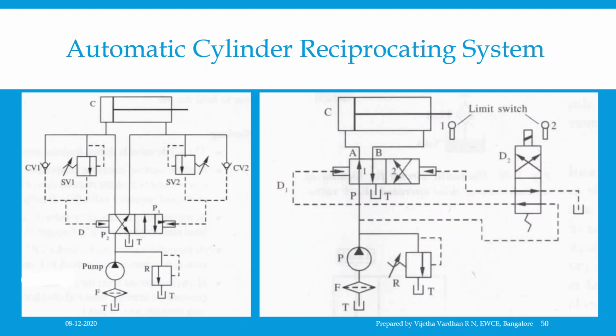The limit switches 1 and 2 will alternately energize and de-energize the solenoid, thereby changing the direction of fluid flow into the pilot.